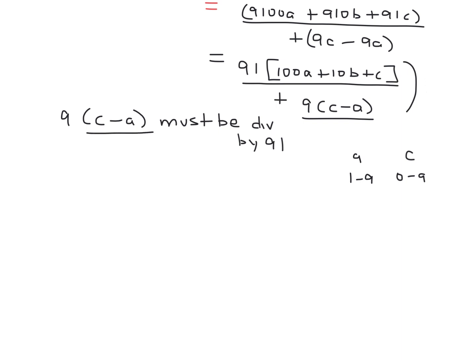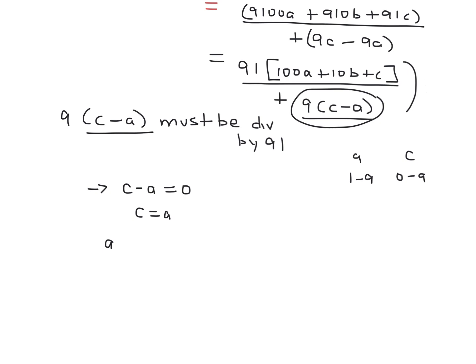I think 0 would work. And therefore, if C minus A is 0, then this would become 0, and then it would all work out. And is that possible? It is if C is equal to A. That's pretty much what C minus A equals 0 means. C would have to be equal to A.